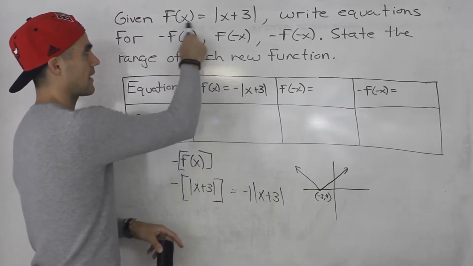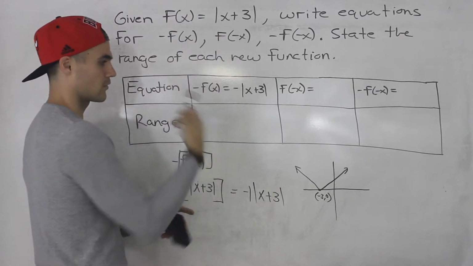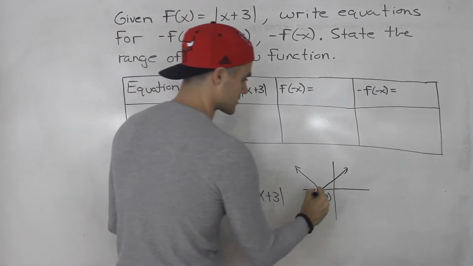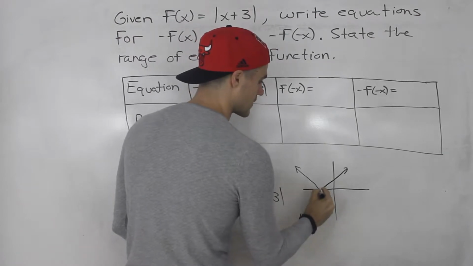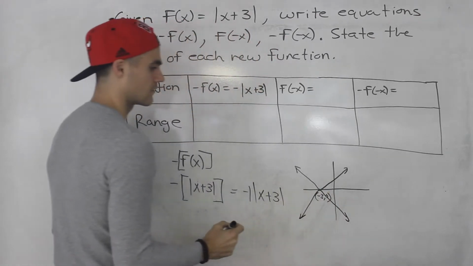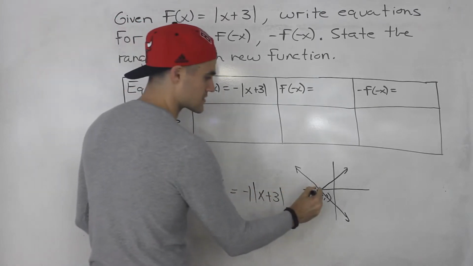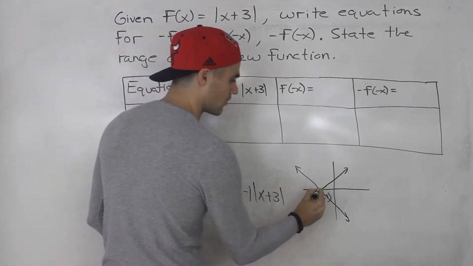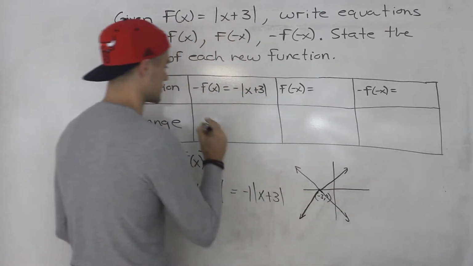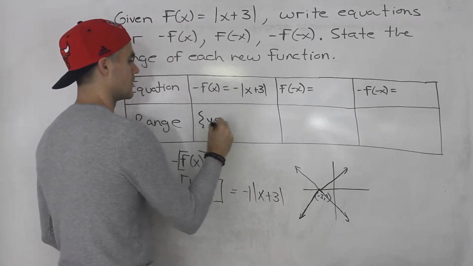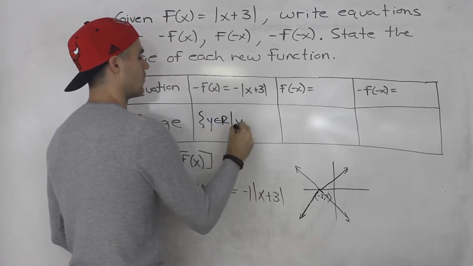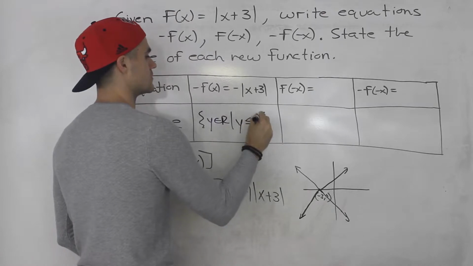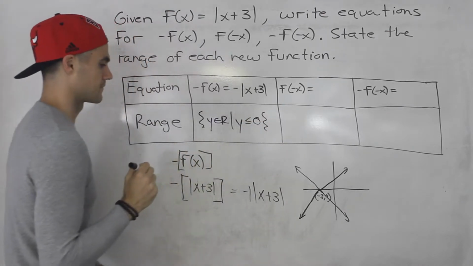Well, we're taking this parent function and now we are reflecting it in the x-axis. So it's going to be going this way, right? So what's the range of this function going to be? Well, notice all the y values are less than or equal to 0. So basically, y is less than or equal to 0.